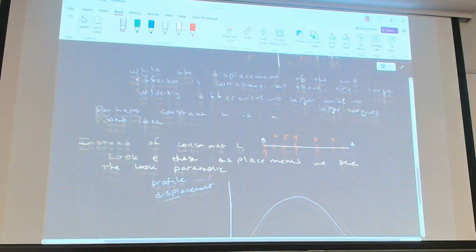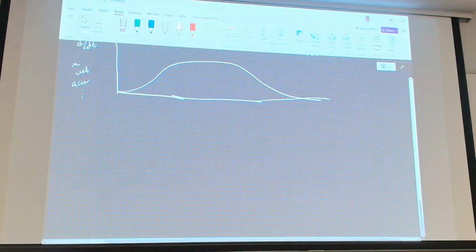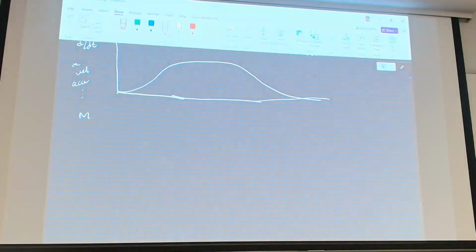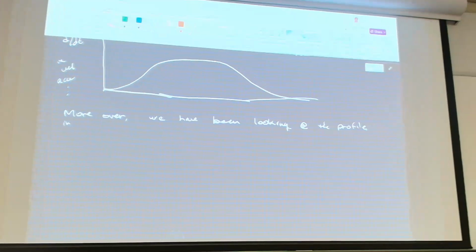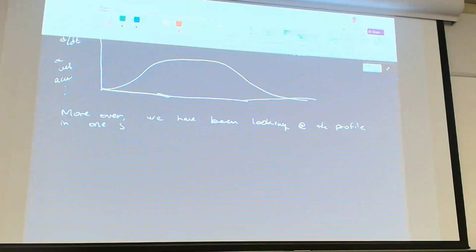Moreover, we've been looking at the profiles, a profile, in 1 second periods or intervals.